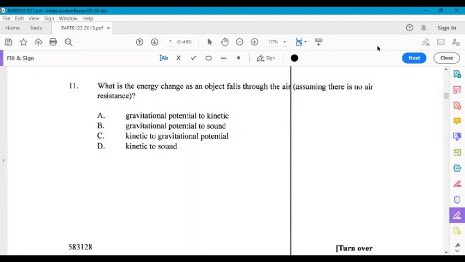So as an object falls through the air, it undergoes an energy change from gravitational potential energy initially to kinetic energy.